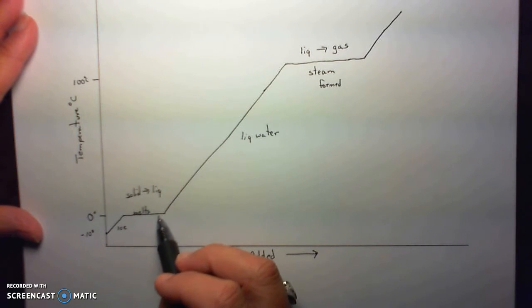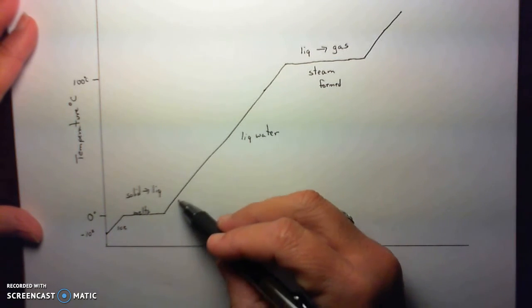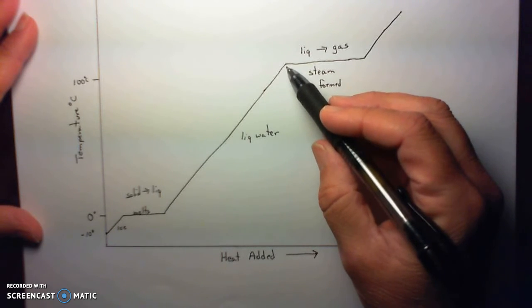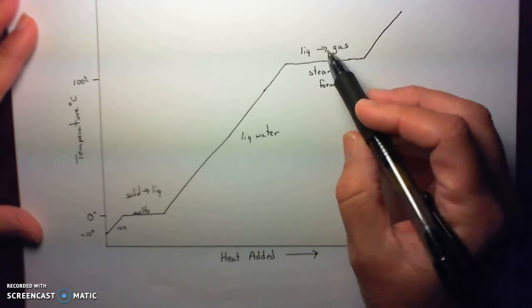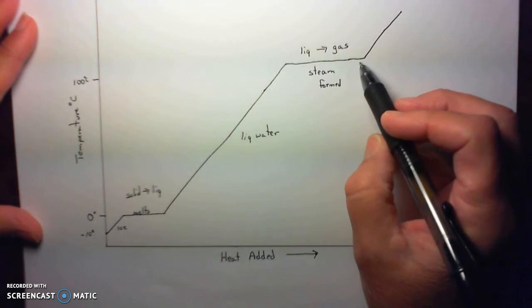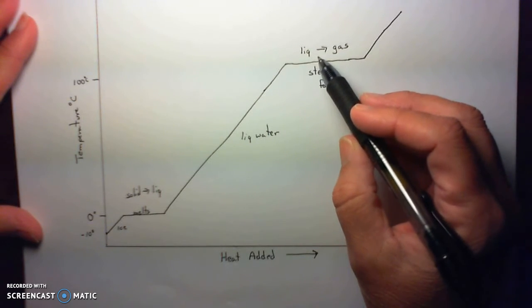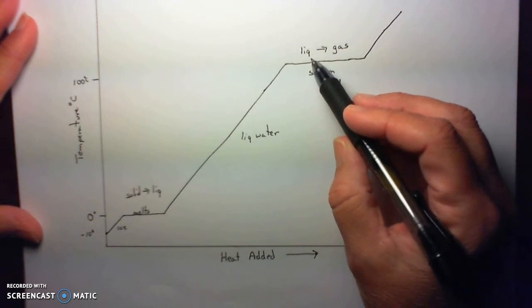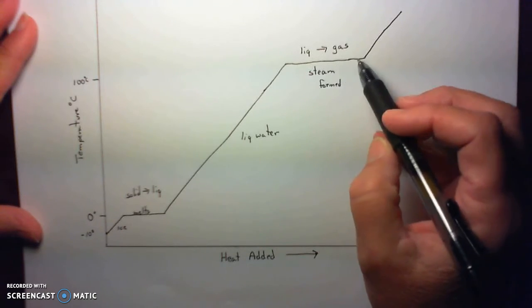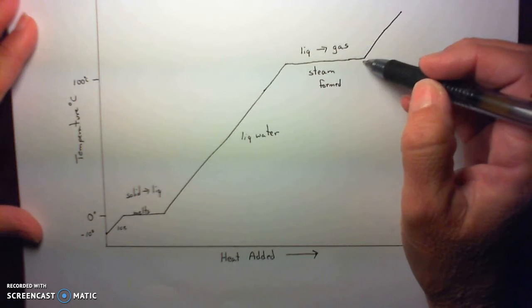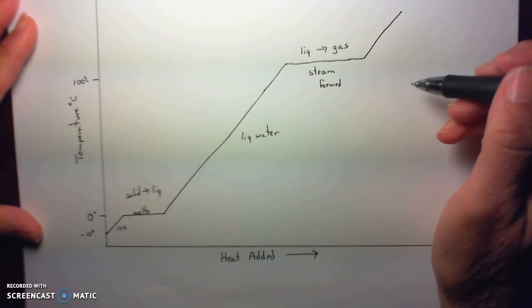When all the solid is melted, then the temperature will increase until it reaches the temperature at which the liquid can change to a gas. When the liquid changes to a gas, the temperature does not increase because the energy is going into breaking the molecules apart from one another. When all of the substance is a gas, then the temperature will increase again.